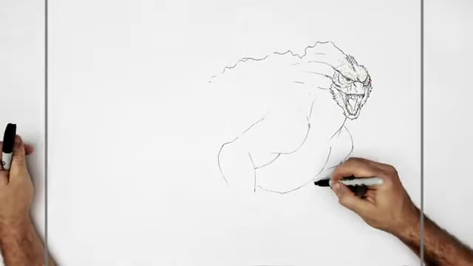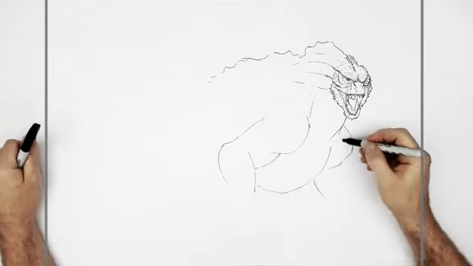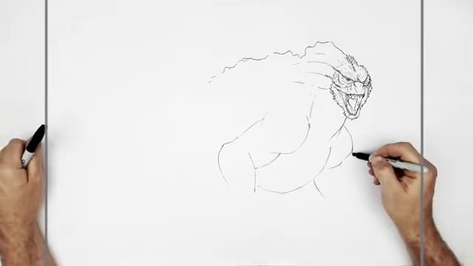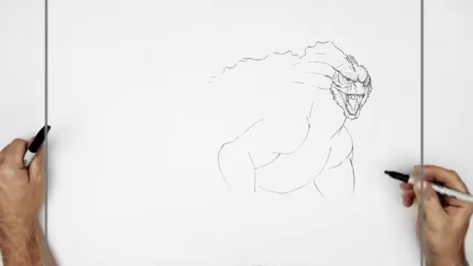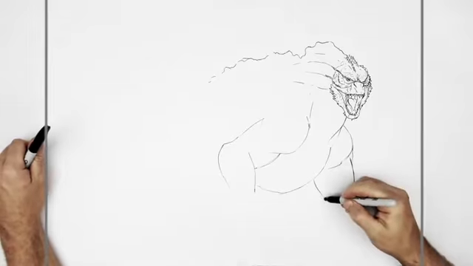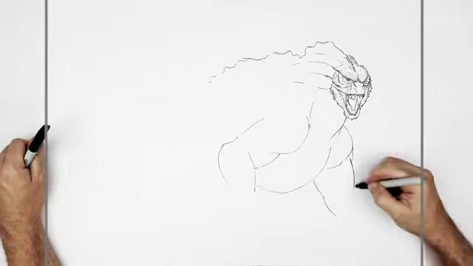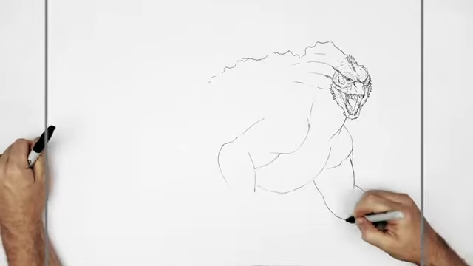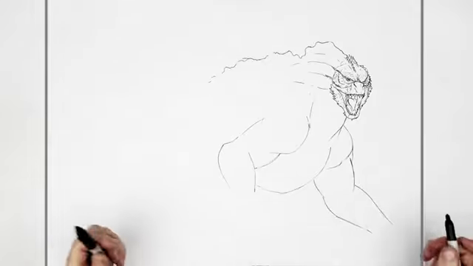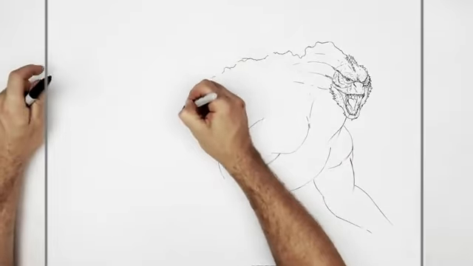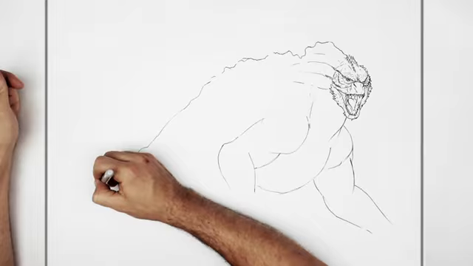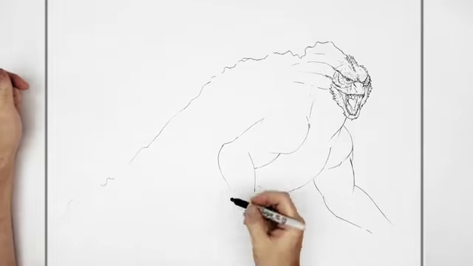So we'll go down tricep again. See, there's a little bump for shoulder there. And then this is bicep. And then elbow. And then forearm down to claws. So the rest of the back, just sketch it down, going bumpy with texture all down that way.